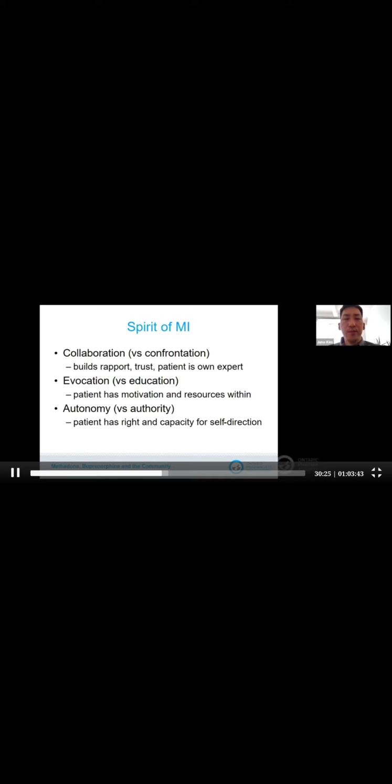So the spirit of MI basically describes the collaboration. The collaboration just means that you are working together with the patient. You are not telling the patient what to do, but the two of you are working together, and the patient is their own expert.